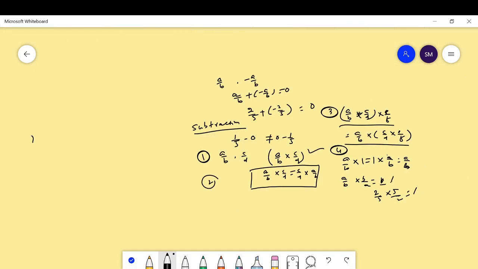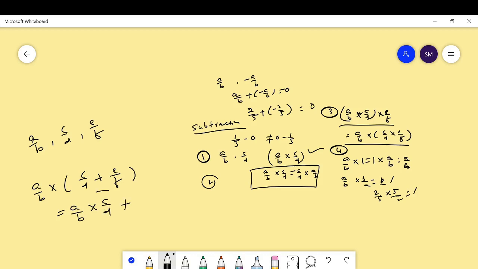What is the distributive property? Suppose a by b, c by d and e by f all are rational numbers, then the distributive property says a upon b into c upon d plus e upon f is equal to a upon b into c upon d plus a upon b into e upon f.